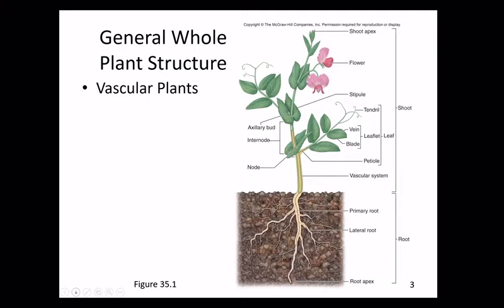So vascular plants are plants that contain a vascular system, and so they have the ability to move fluids throughout their system. This is advantageous because the plant can deliver messages and nutrients to different parts of the plant. If you've seen on campus recently, there were a bunch of buckets hung on maple trees.